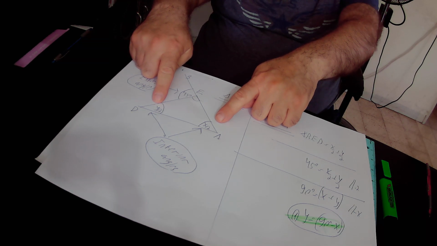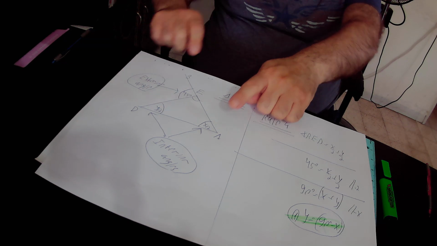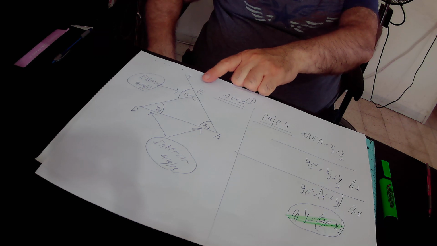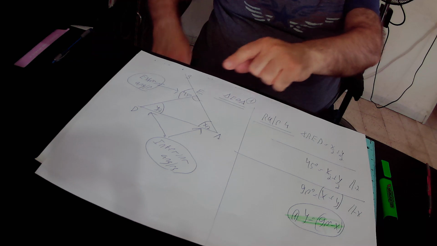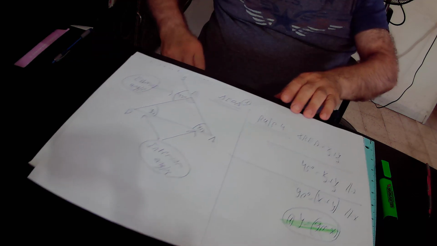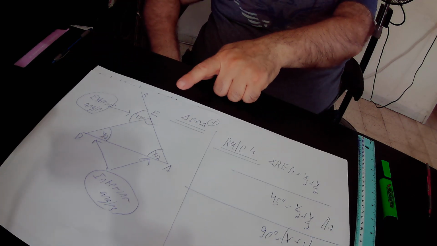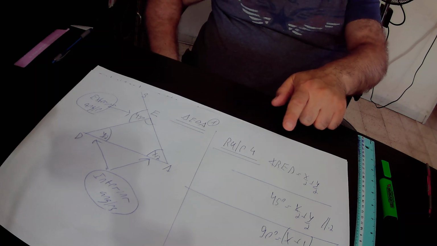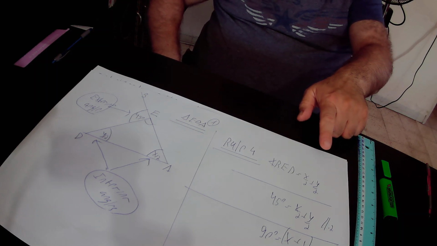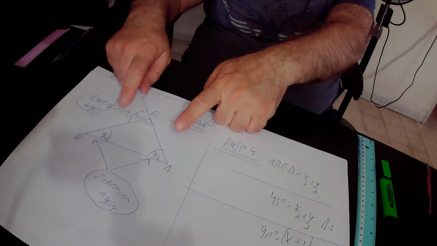And the sum of those two angles is x over 2 plus y over 2. So in conclusion, the size of the external angle BED equals x over 2 plus y over 2.